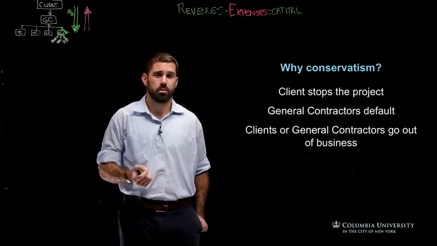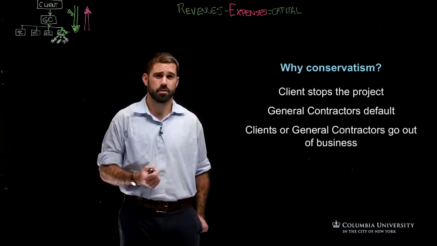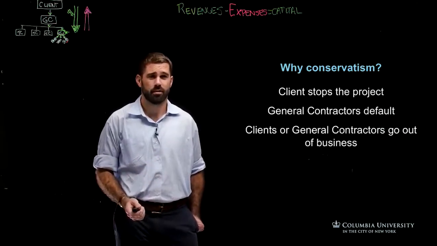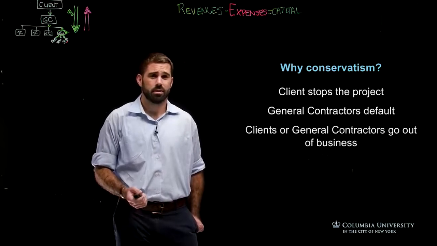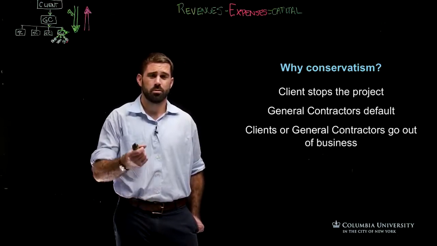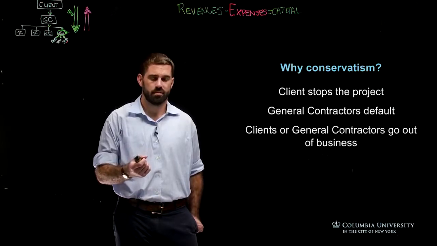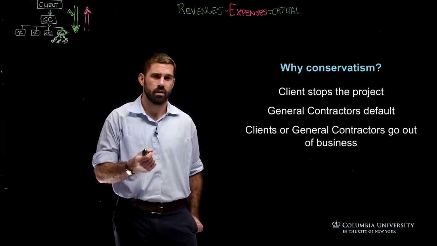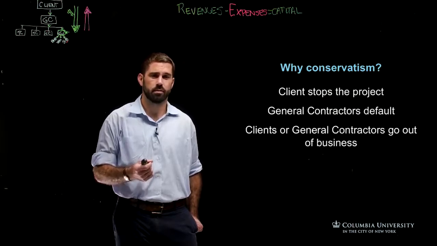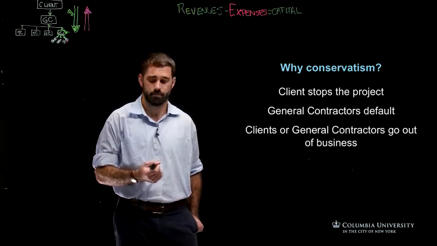So where we normally take our estimated total cost and put a markup on top of it for the overhead and profit, now in 2009 and 2010, companies were taking their total estimated costs, and instead of putting a markup, they were cutting numbers out. They were reducing that number before they submitted a bid. So now instead of starting a project with some profit, they were starting a project fully expecting to lose money.